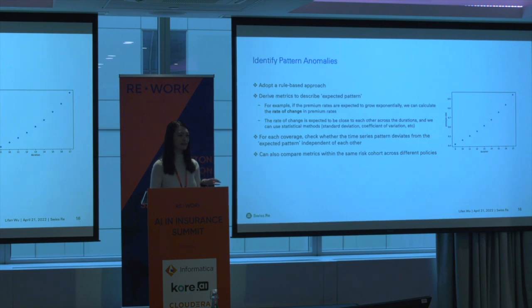If indeed the premium rate grows exponentially, we know that the rate of change will stay the same across time. On the other hand, if we find that the rate of change fluctuates a lot, which we can measure by, for example, the standard deviation, then we know that there's something wrong with our policy.